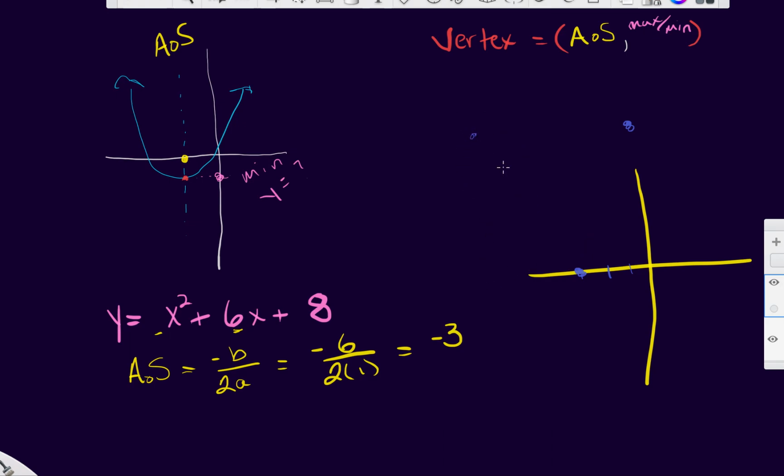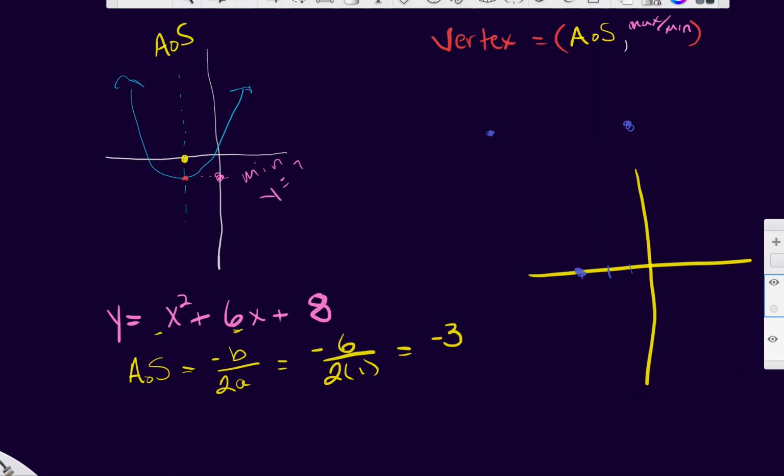This is me just roughing the graph. Sorry, it should be over here. Should be right about there. Make a good parabola.